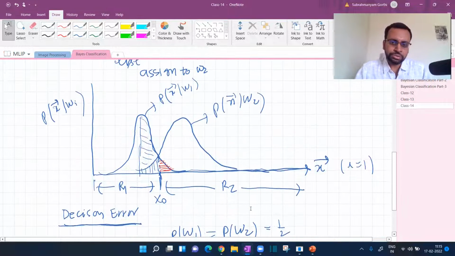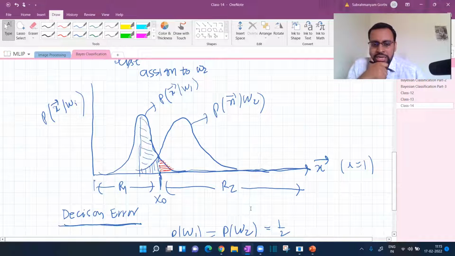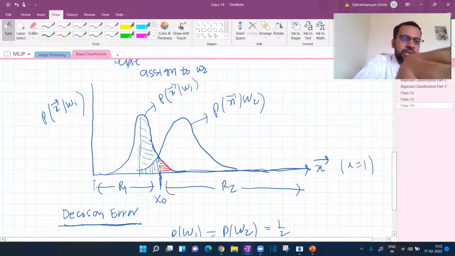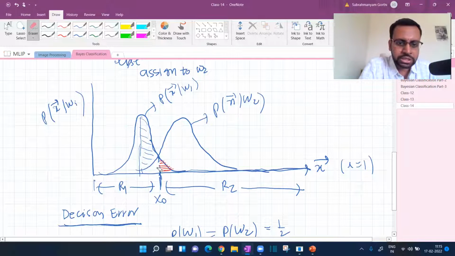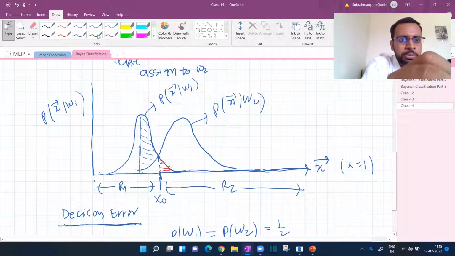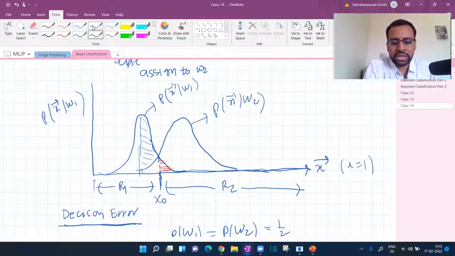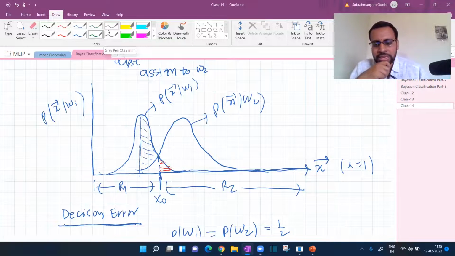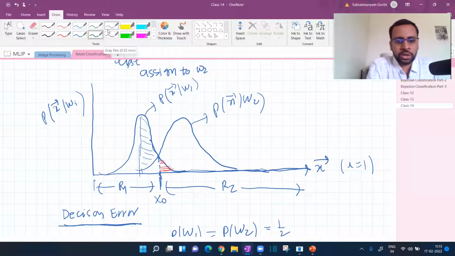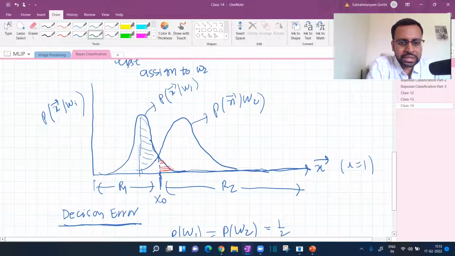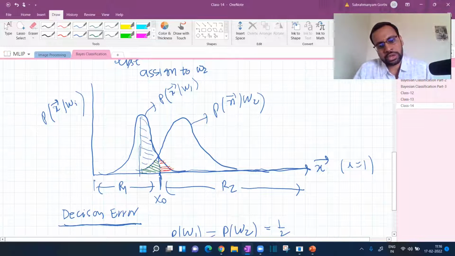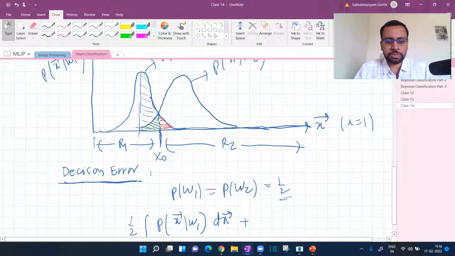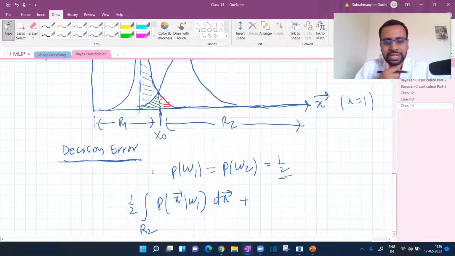By a similar argument, now I would see what should ideally be in class 2 but has been misclassified. Let me put it with this color. Anything after x naught, I am assigning to class 2. But when I put x naught here, there is an error, which I have drawn in green. Can you tell me the expression for that? What is the error there?